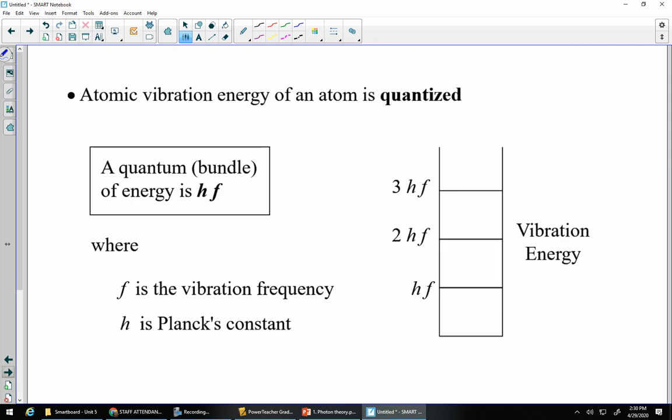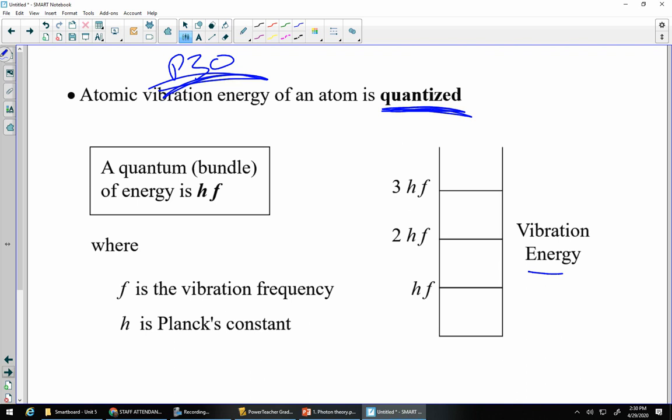And this is where we should jump in and we should actually start to realize, and this is now Physics 30 material from here on in. So what Planck said was the atomic vibrational energy of an atom is quantized. Now again, there's that word. All it really means is it can only be in very, very specific places.